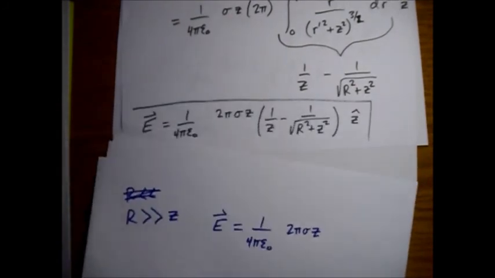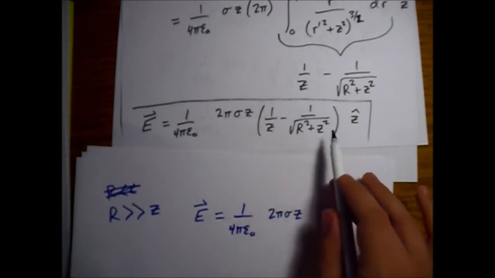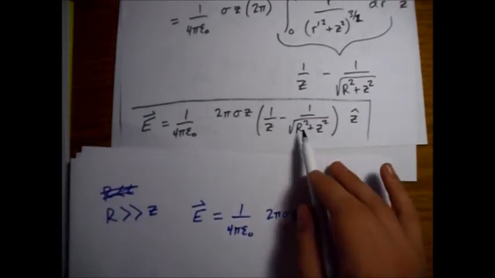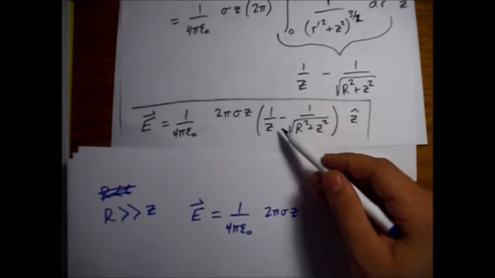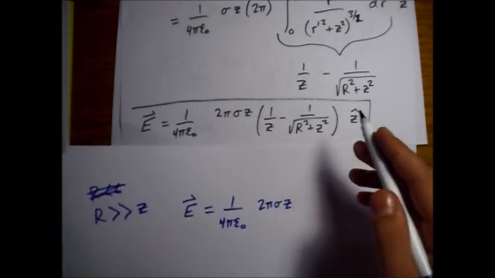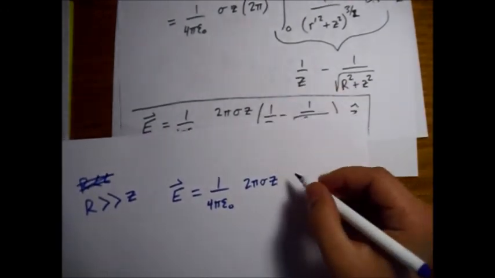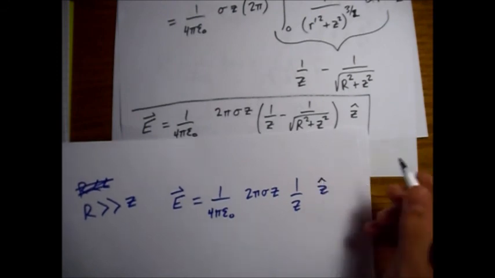Yep, looks like we're on the right track. Like we said, R is going to dominate here, and this second term here is going to become very small because R is large and it's on the bottom. So basically, just throwing that term out, we just have a 1 over z, and then in the z hat direction.